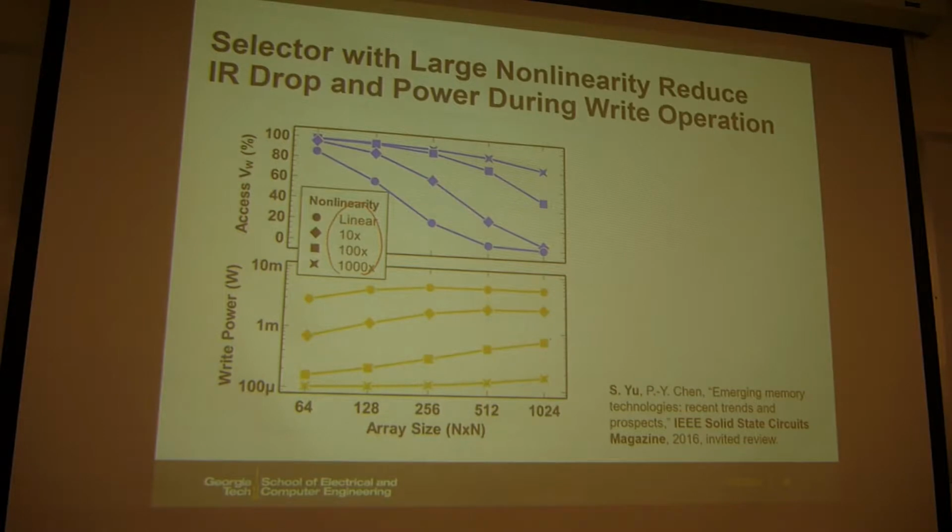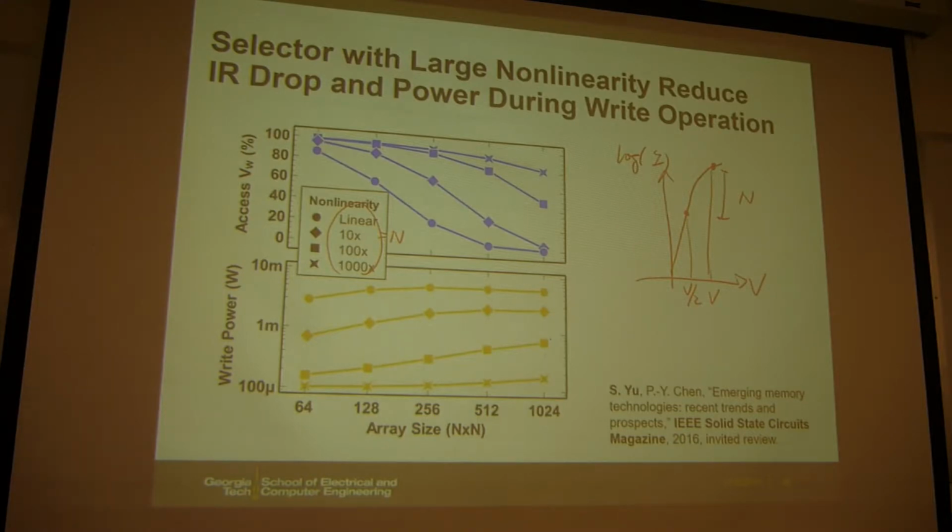As we discussed before, the nonlinearity of the selector is defined like this. If you have an exponential IV, the nonlinearity ratio N is defined as the current ratio between V and V over 2 for the selector.